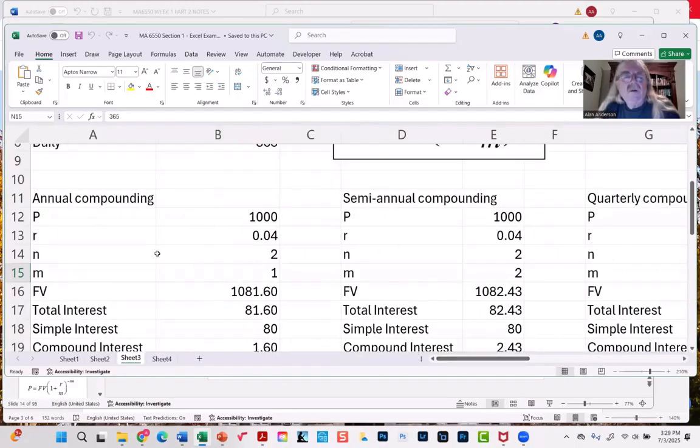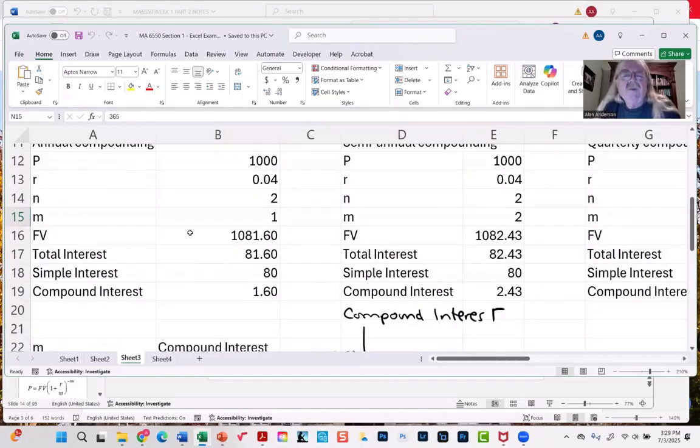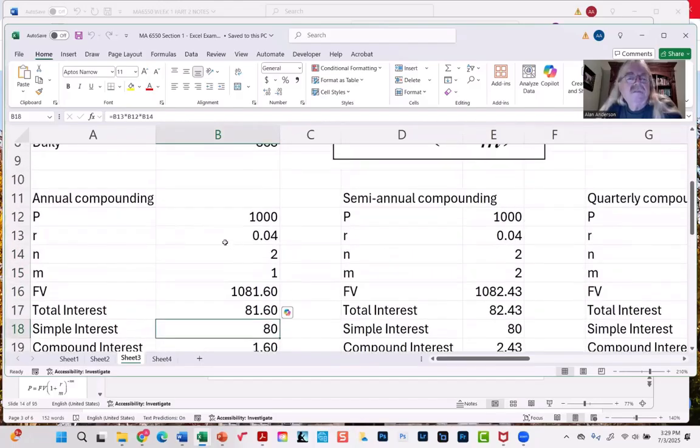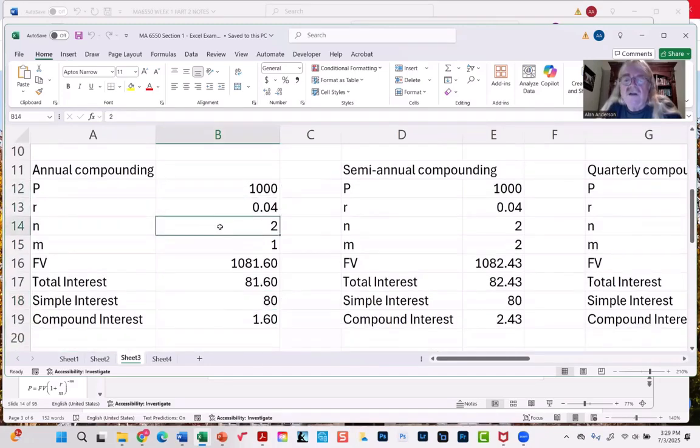And so what's happening here is that the same formula is being applied. And at the bottom of each column, you can see the future value, total interest, which is clearly the future value minus the principal, the simple interest, which is the product of the rate times the number of years times the principal. So in other words, the product of these three is $80.